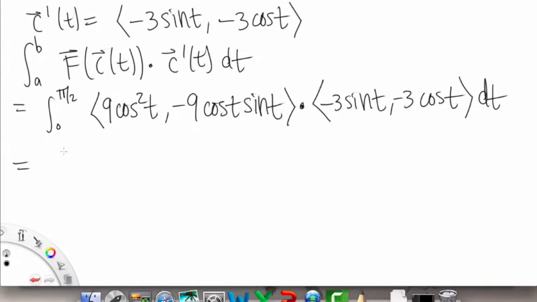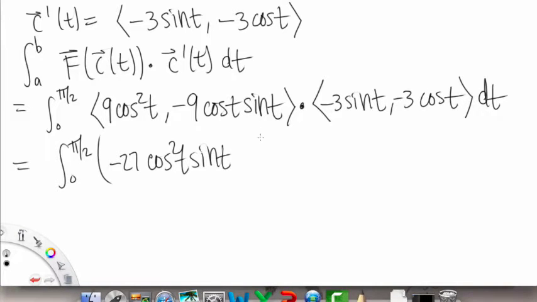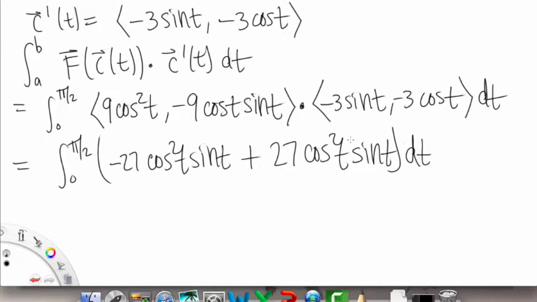Alright, so let's dot this out and we'll find what it is. Multiplying the first components gives negative 27 cosine squared t sine t, and then we have a plus 27 cosine squared t sine t. So this is actually looking pretty good, right?